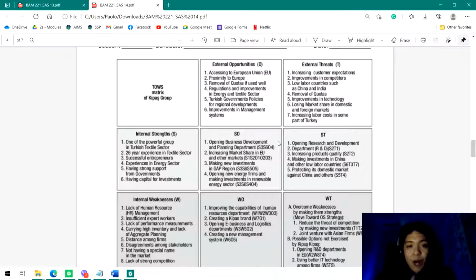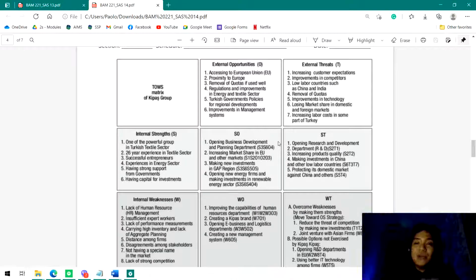Since meron tayong magagaling na entrepreneurs and meron tayong capital for future investment, tas may nakita ka na opportunity na okay, maganda ang regulation and improvement ng energy and textile sector, pwede natin ngayon i-penetrate yung market na yun. We can do a market penetration doon sa energy and textile sector kasi meron tayong successful entrepreneurs with S3 and having a capital for investment doon sa S6.